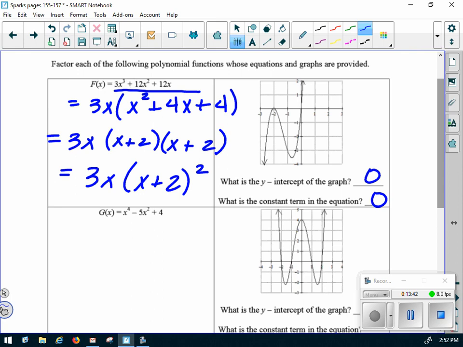Let me just remind you of a couple things as we look through this. How many solutions is this function supposed to have? How do you know 3? The biggest degree is 3. If I set this equation equal to 0, what would my solutions be? 0 and if 3x equals 0, then x would equal 0.